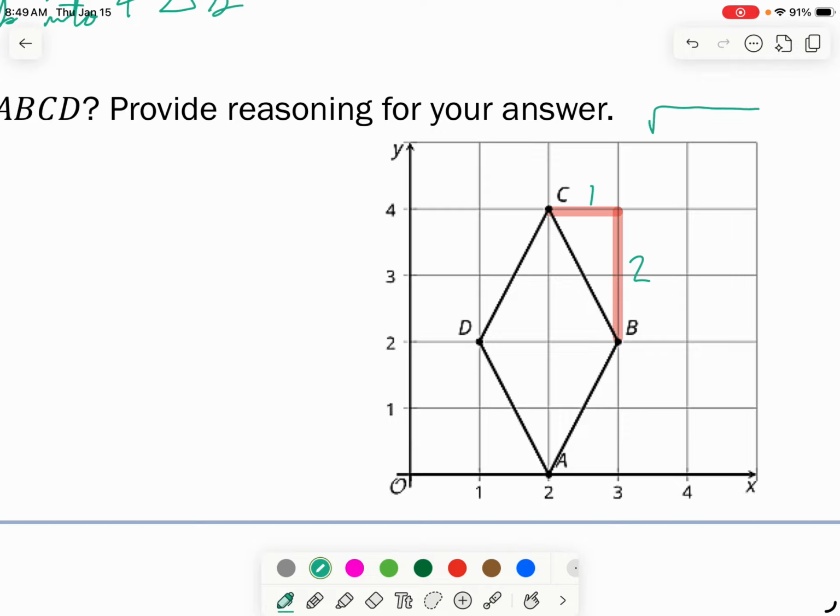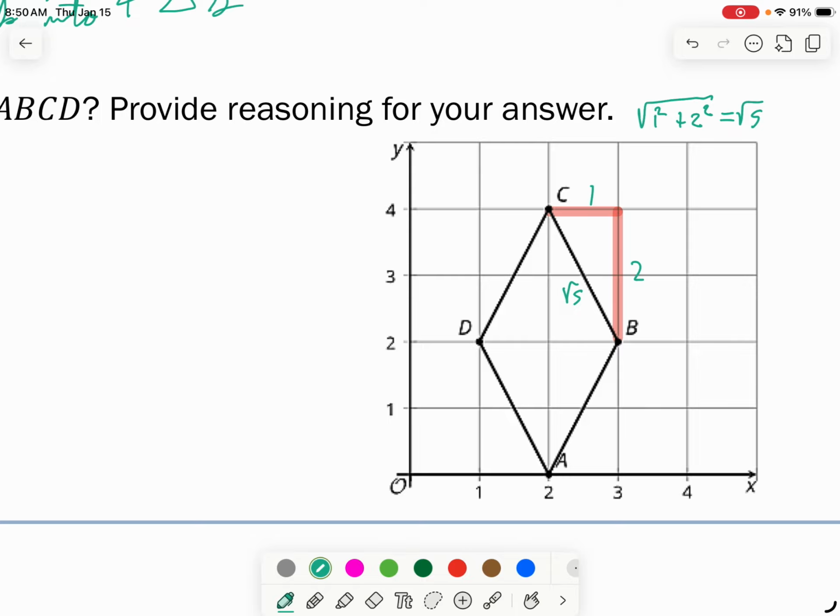So I know that the square root of 1 squared plus 2 squared is equal to the square root of 5. So I know that that's the square root of 5.